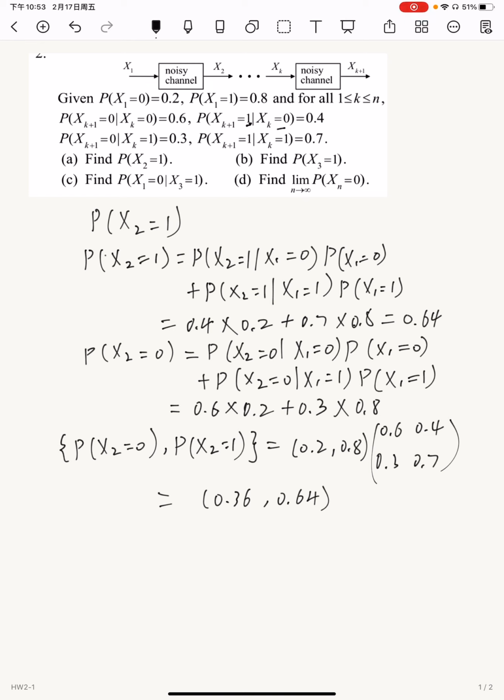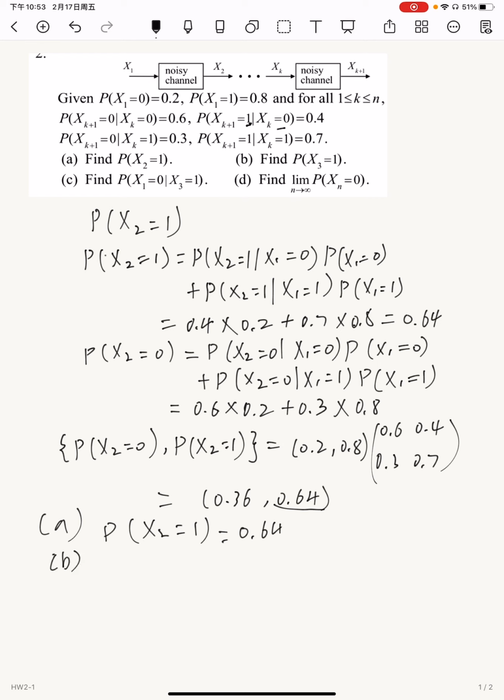So we have solved problem A, that the probability of x2 equals 1 is 0.64. Yes, that's it.